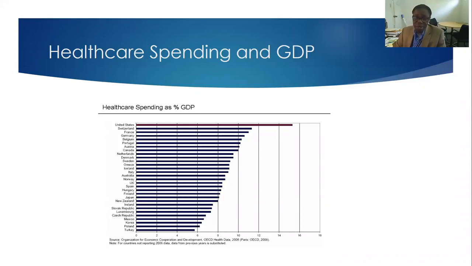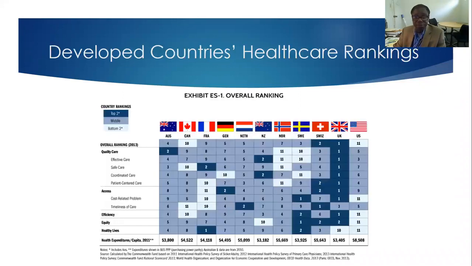Keep this in mind as we look at the next slide. We've just seen data that shows that the US spends more money on healthcare, both per capita and percentage of its GDP. Now, let's look at rankings and outcomes for healthcare.